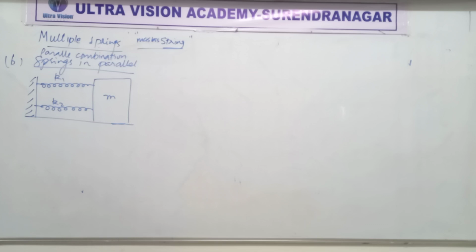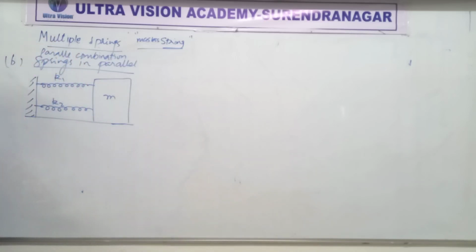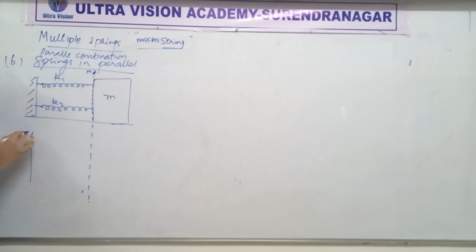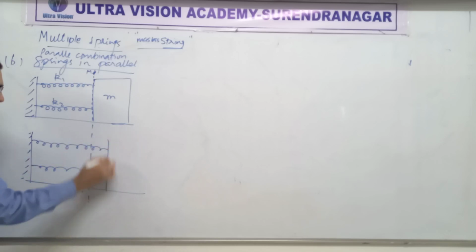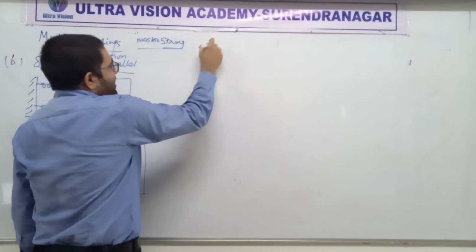Now, if you would displace this block, let's say by some distance x from its mean position. This dotted line indicates mean position, correct? This dotted line is M, mean position. So suppose you would extend the spring, let's say till here and till here. So do you agree that extensions are equal?